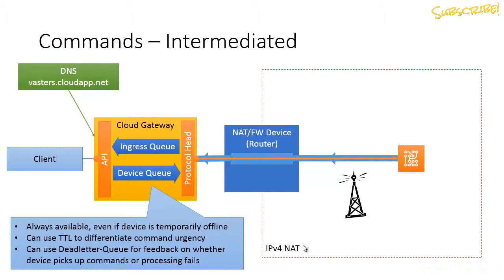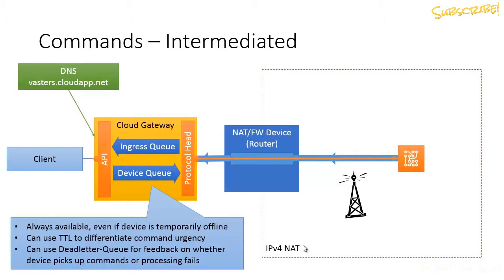If the protocol heads sit behind the load balancer and you have, let's say, 8 nodes managing connections, it will land on one of those nodes. That means the load balancer is in control and you have a hard time pinning the device to a particular front end. Now, if you have a queue, you have a stable place where all the commands to the device land from the front.